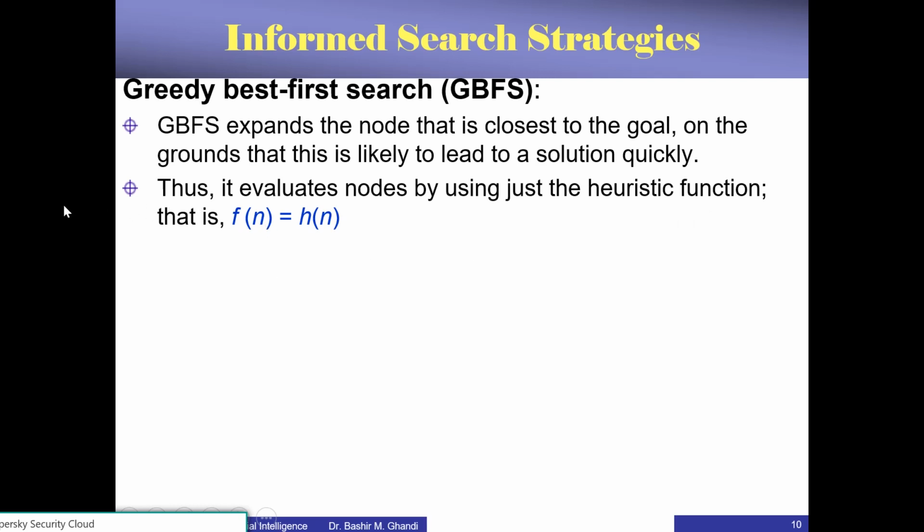So instead of looking at how much it needed to reach the current state, no, it will simply look at how much it needs from the current state to the goal. So f(n) becomes equal to h(n), just depending solely on the heuristic function. This is what the greedy best first will do.